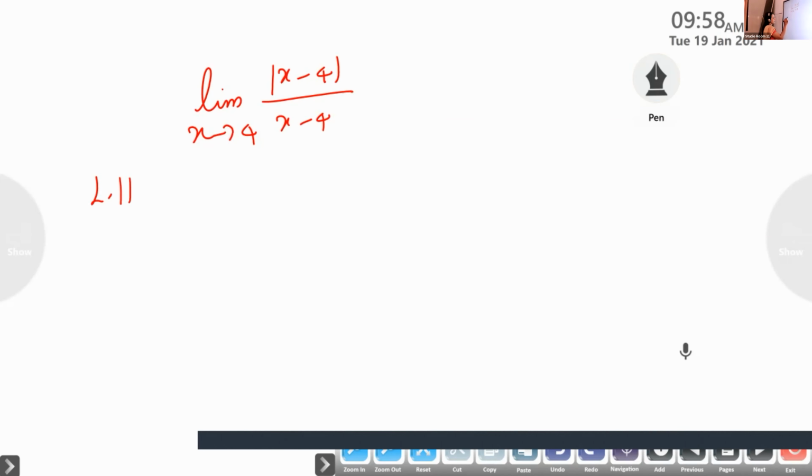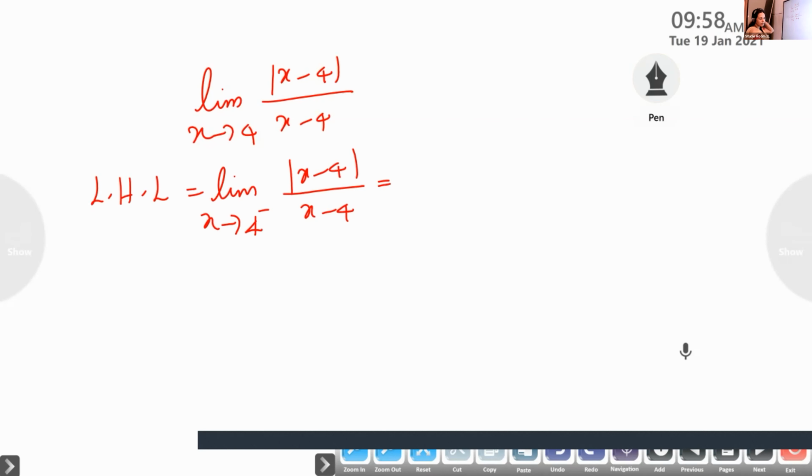Suppose we take the left hand limit at 4. So left hand limit at 4 means less than 4, isn't it? Limit x tending to 4 minus of modulus of x minus 4 by x minus 4. So tell me, children, what does it mean, 4 minus? 4 minus means values which are closer to 4, but it is less than 4.